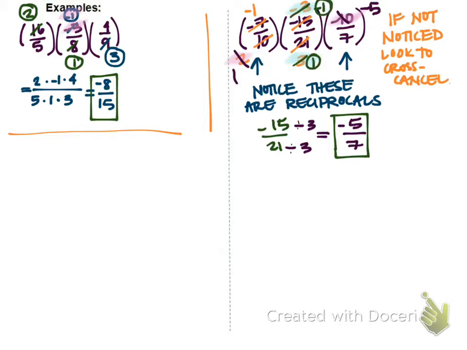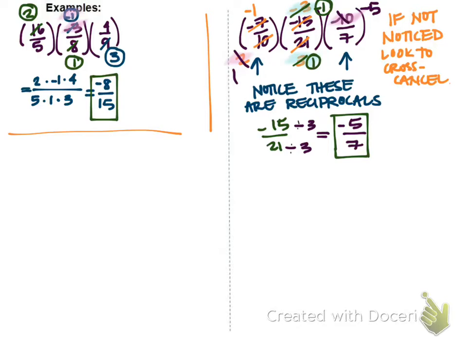Then I'm just multiplying straight across a -1 times a -1 times a -5, and in the denominator, I'm multiplying a 1 times 7. That's really good because I can just jump ahead and make this -5/7.